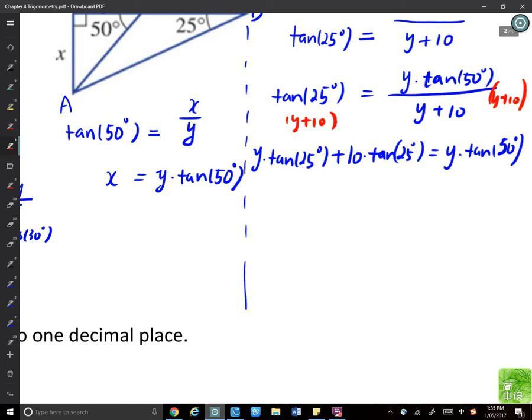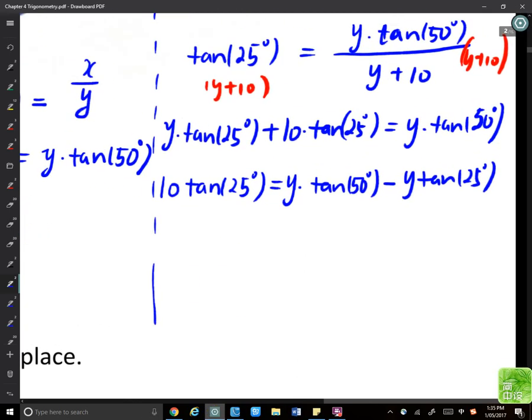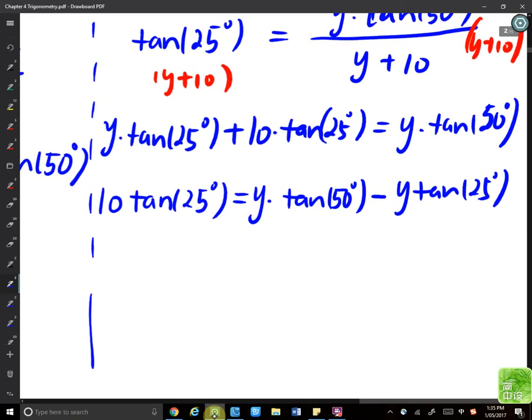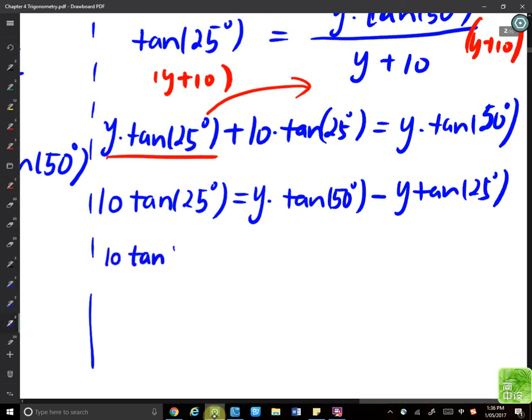And what I will do is, I'll go 10 times tan 25 degrees equals to y times tan 50 degrees minus y times tan 25 degrees. I'll move that one to the other side. And I have 10 times tan 25 degrees equals to, I can take y as a common factor.